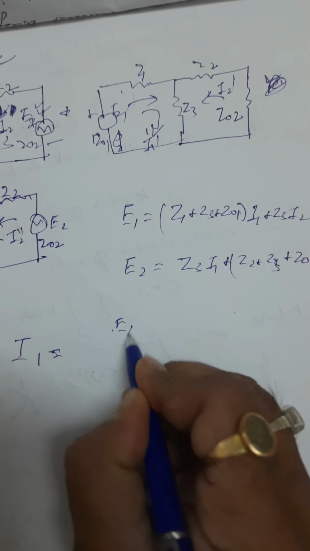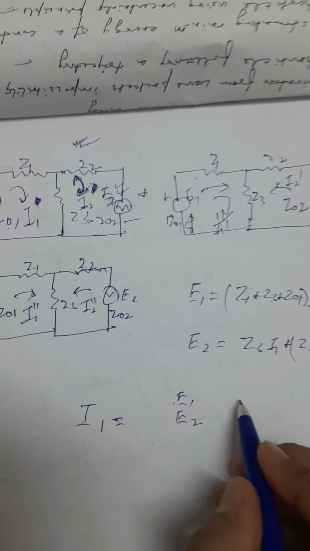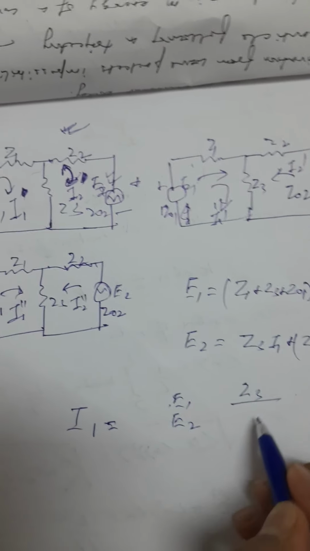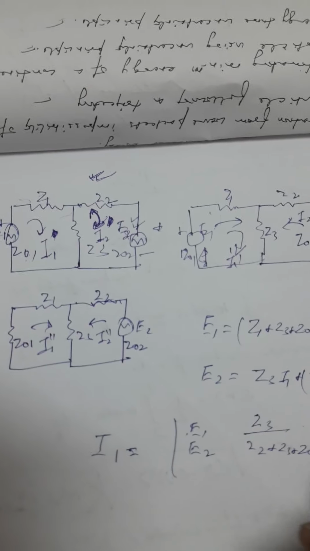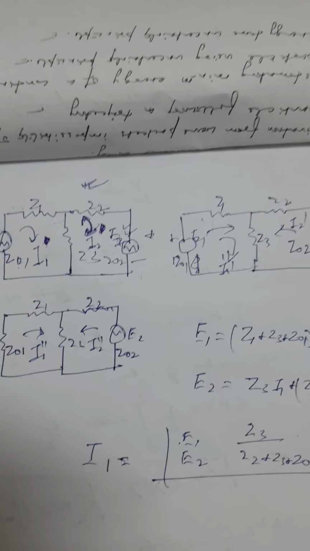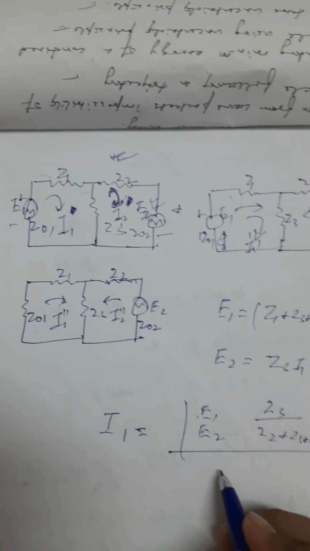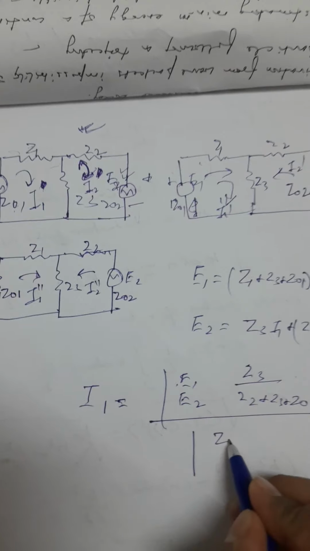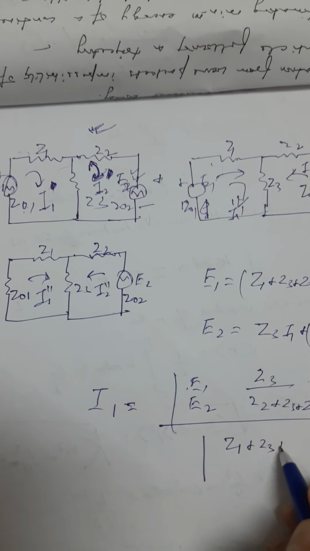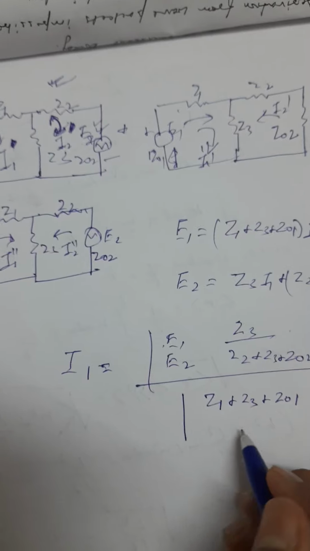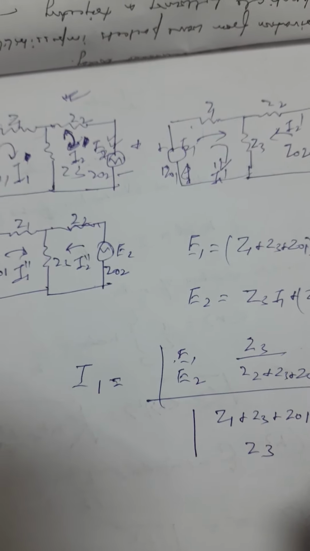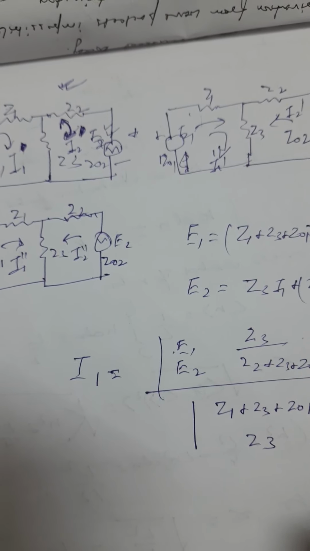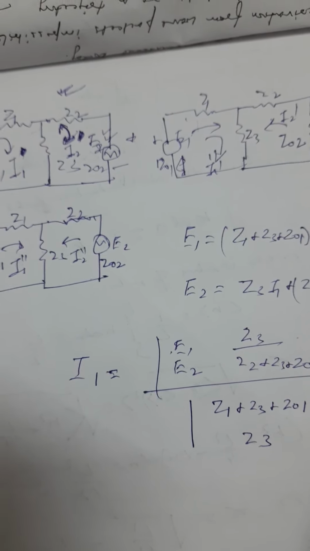I1 is equal to the determinant with E1, E2 in the first column, and Z3, Z2 plus Z3 plus ZO2, divided by the whole determinant of the coefficients, where the coefficient of I1 here is Z3, and the coefficient of I2 is Z2 plus Z3 plus ZO2. So this is what we'll write.